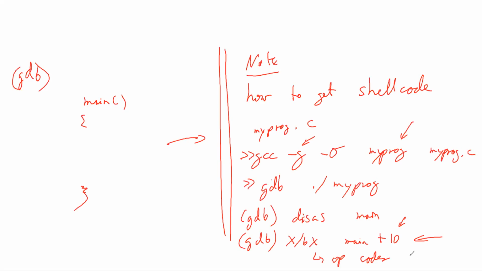So I talked a little bit about the basics of shell code. The instructions that you get, the actual opcodes over here, are the things that look like this: 0x31, 0xc0, 0x31.